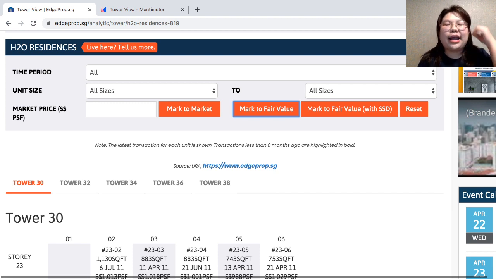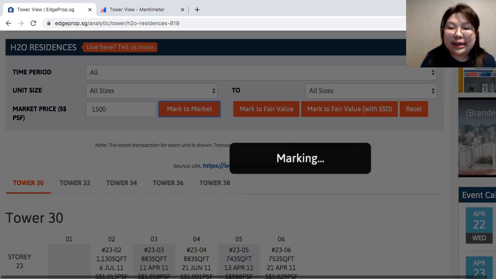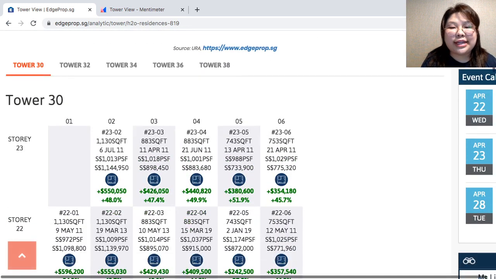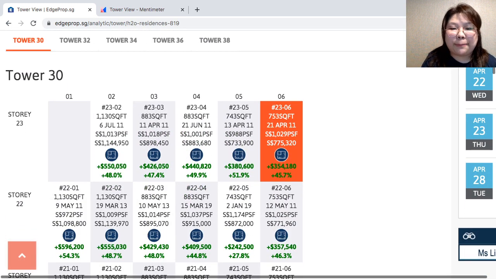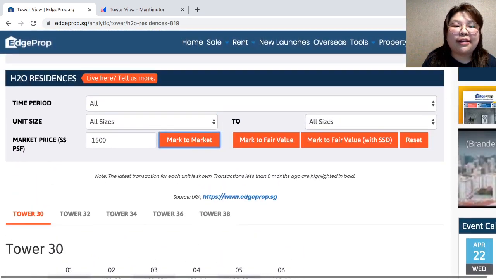Based on your professional knowledge, maybe I think that H2O should be worth 1,500 per square foot. So it should not be based on the fair value, I'm going to use what I have in mind. So when I click on mark to market, all the transactions now, in terms of the profit or loss they make, would be based on 1,500 per square foot.